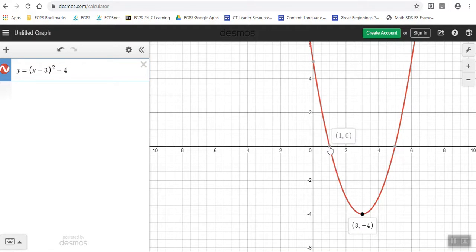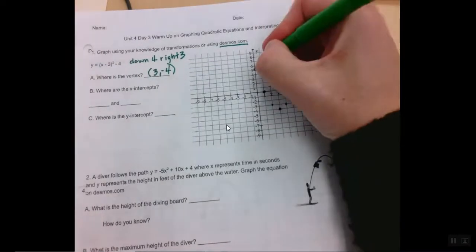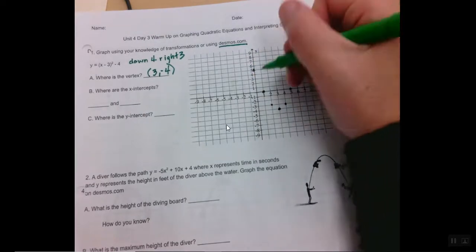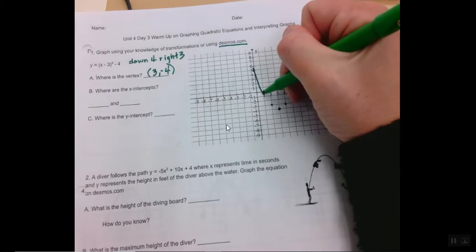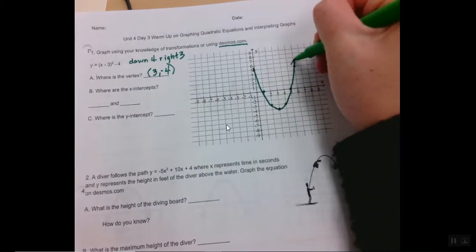My x-intercepts are at 1 and at 5, so that matches my graph as well. And my y-intercept is up here, and that's at (0, 5). Okay, so I also had a y-intercept here, and I'm glad you guys got the same thing. And then you want to draw a nice smooth curve. Don't just draw the points, and don't draw a V shape. It's more of a U shape.